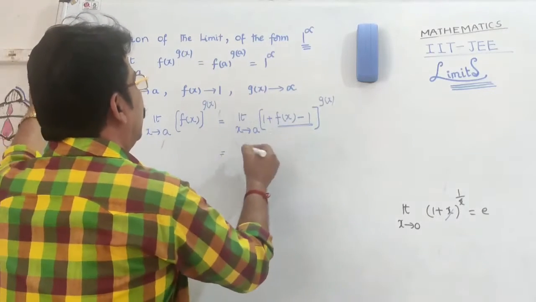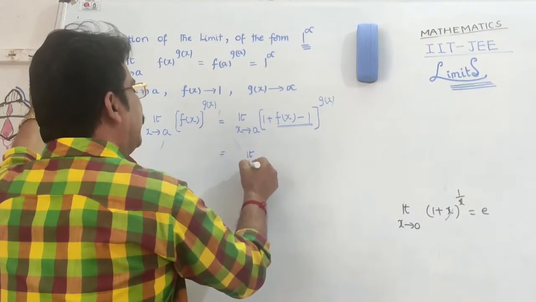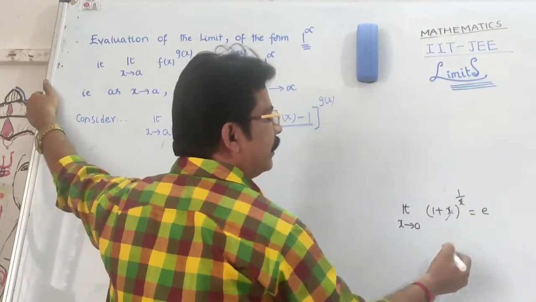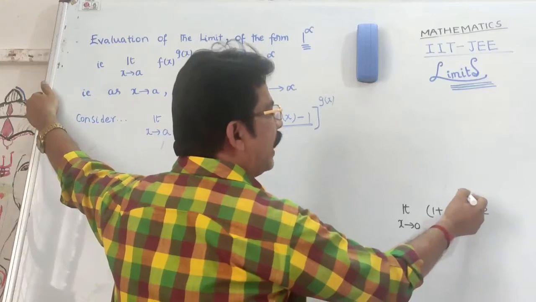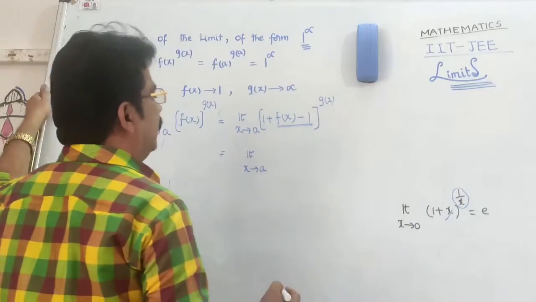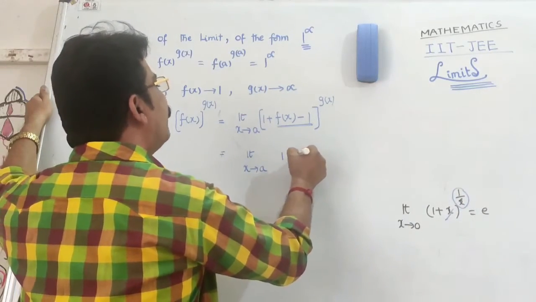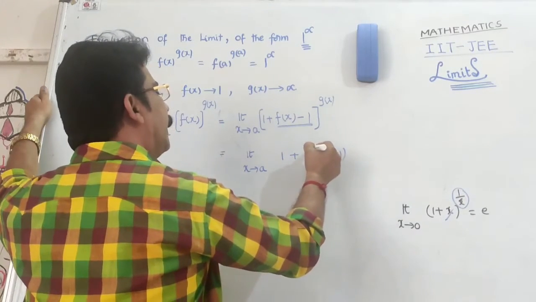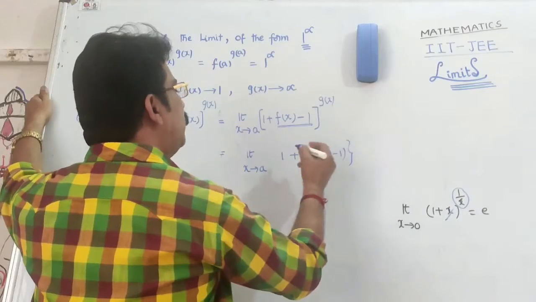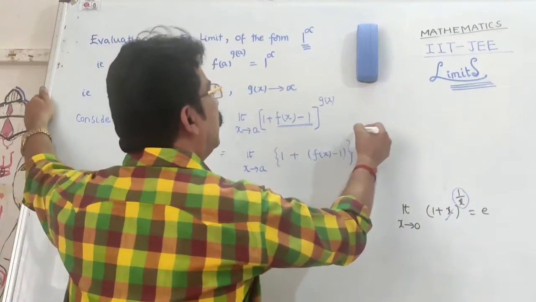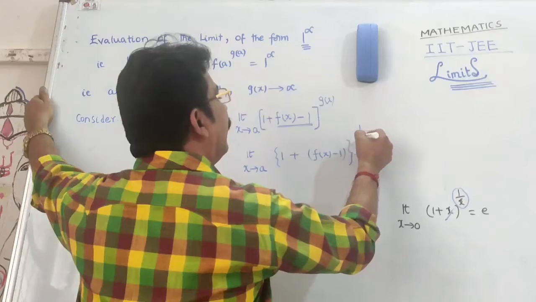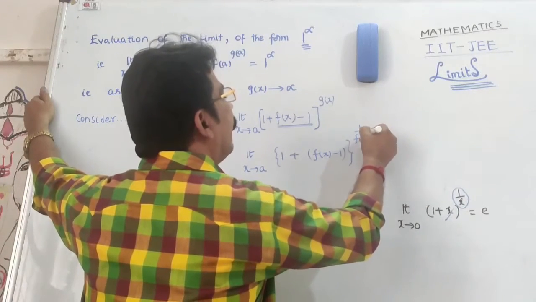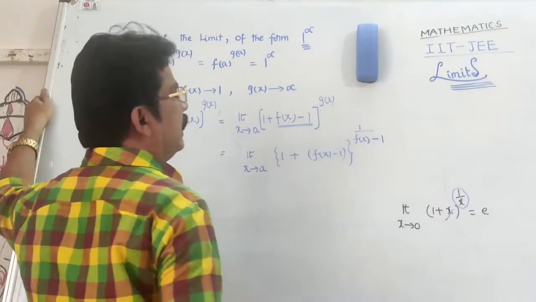So therefore limit x tends to a, observe, it is x, next it is its reciprocal 1 by x. That's why it is 1 plus f of x minus 1, whole to the power of 1 by f of x minus 1.